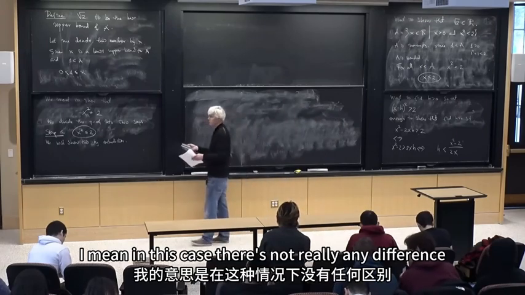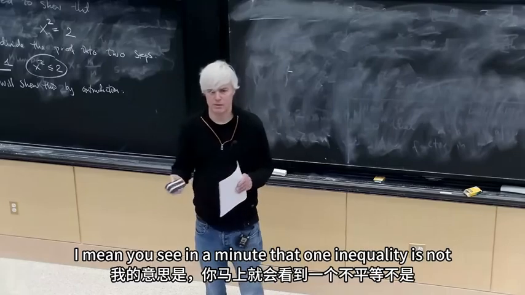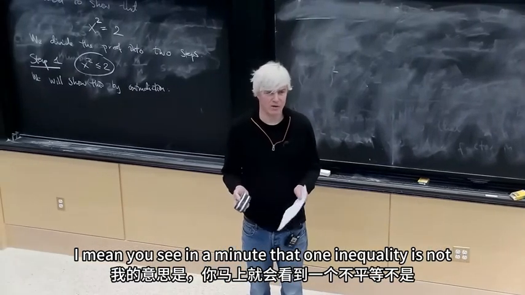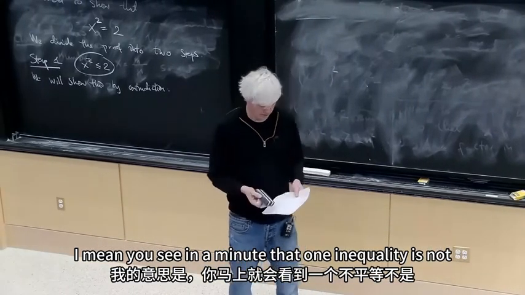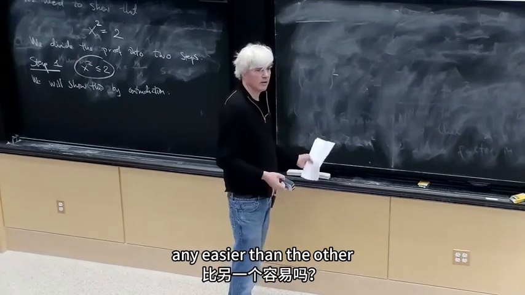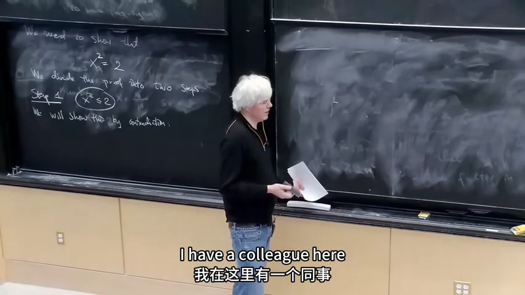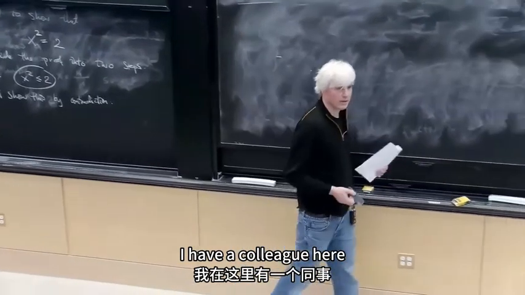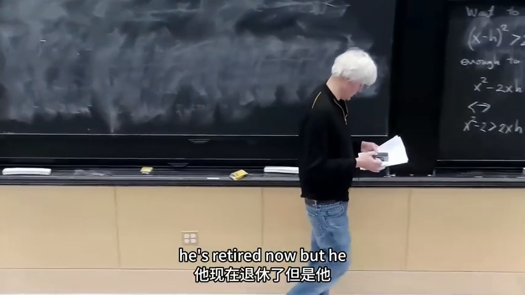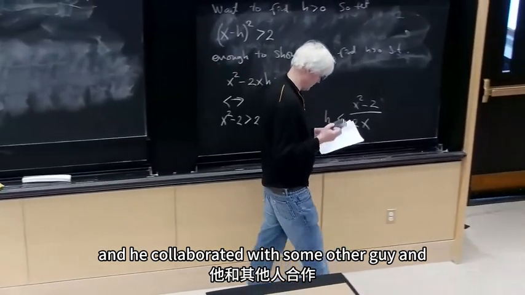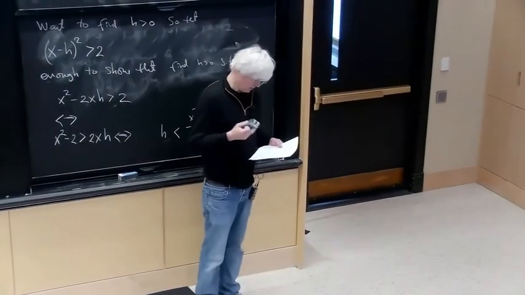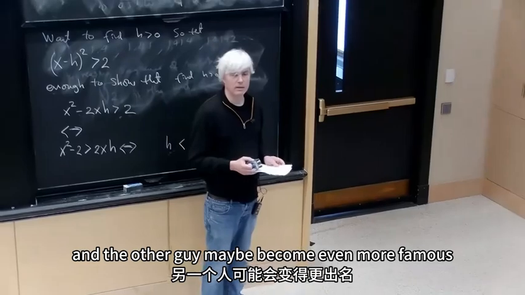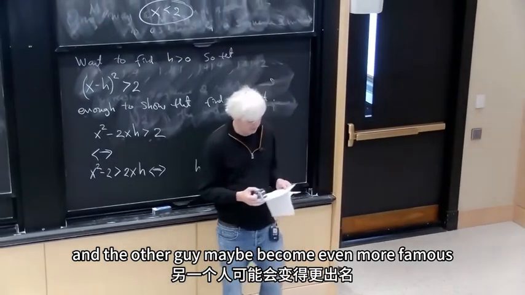I mean, in this case, there's not really any difference, right? You'll see in a minute that the one inequality is not any easier than the other. I have a colleague here. He's retired now, but he collaborated with some other guy, and they made a lot of famous work. And the other guy maybe became even more famous.